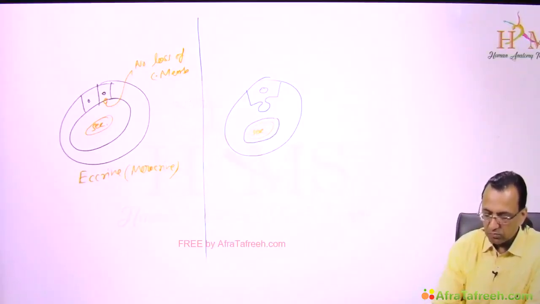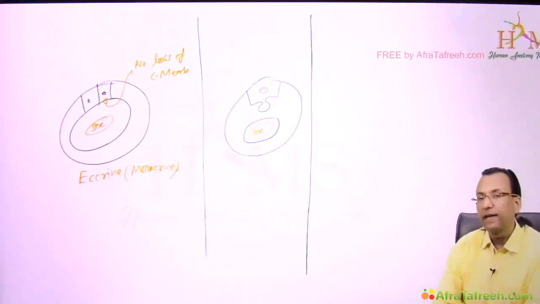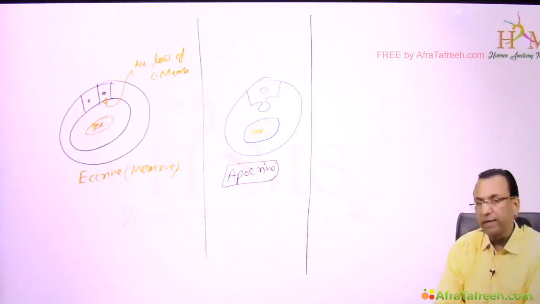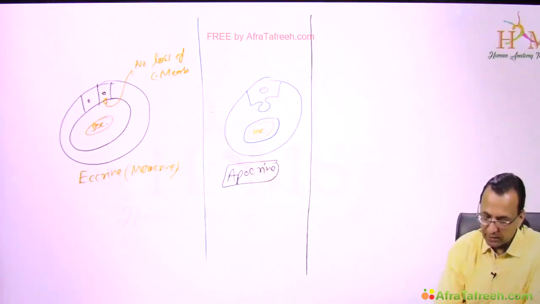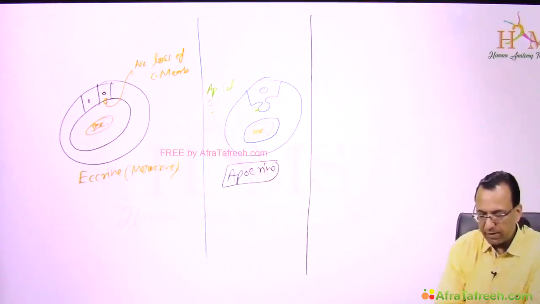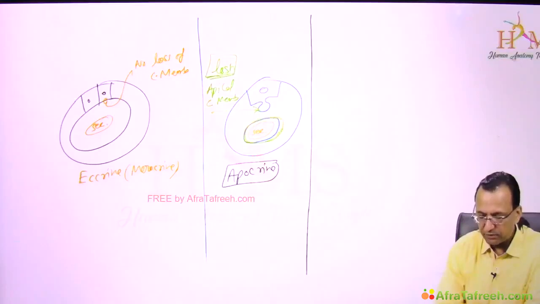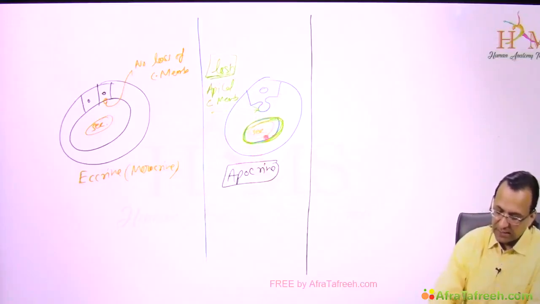Which variety is this? This is what we call the apocrine variety. How do you know it is apocrine? Because there is loss of apical cell membrane, and it is covering the secretion. That kind of appearance is apocrine.